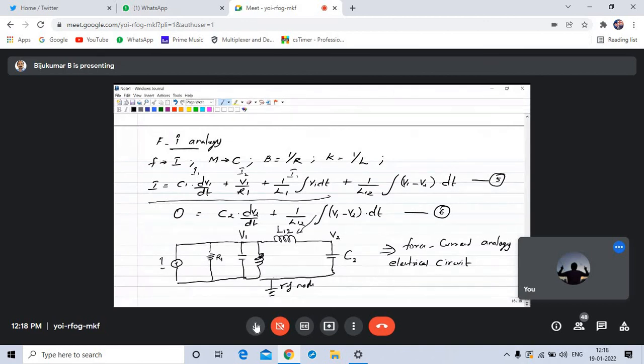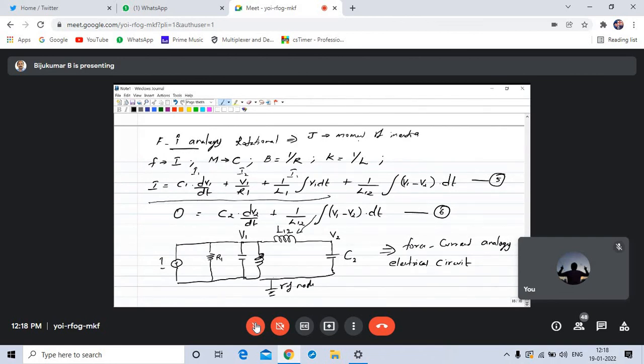It depends upon which type of mechanical system. Another important thing is, M represents mass for a translational system. If it is a rotational system, how will you represent mass? Inertia. So we have to use the term J. J will be moment of inertia. That will be the difference.